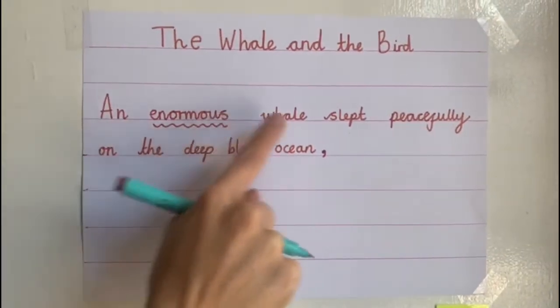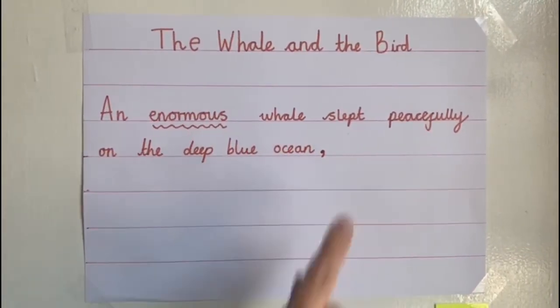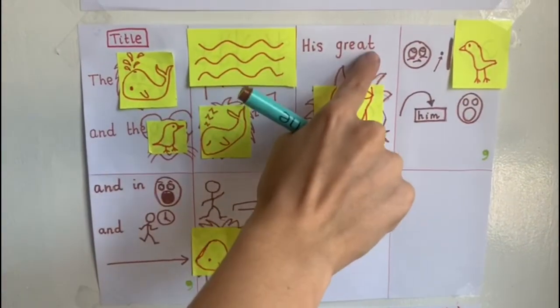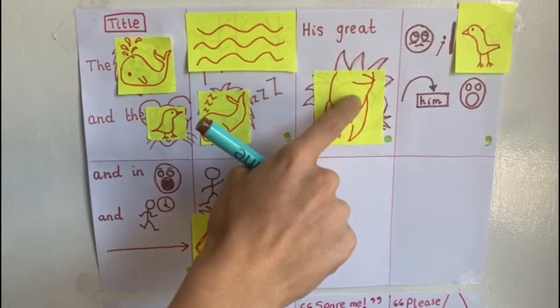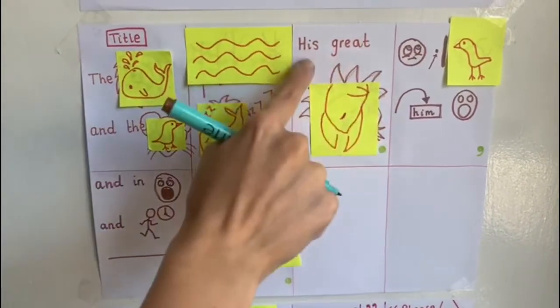An enormous whale slept peacefully on the deep blue ocean, comma. So we're up to this part now. His great head resting on his flippers. Now yours will be different to mine, so what is yours resting on?